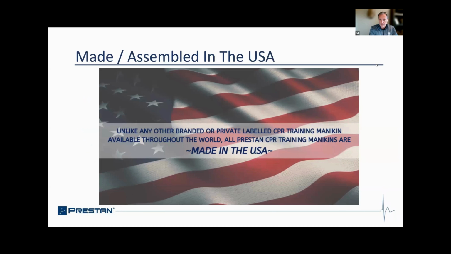Corey, you want to go to the next slide? So we're very proud of the fact that our mannequins, specifically, all of our mannequins are manufactured here in the United States. That gives us a lot of advantages because it allows us to control quality.